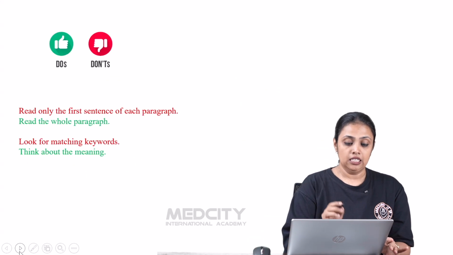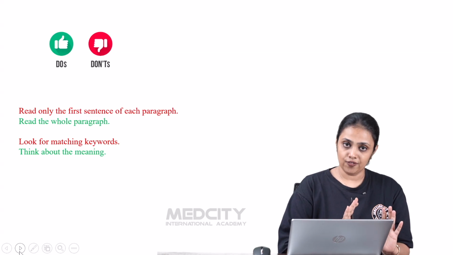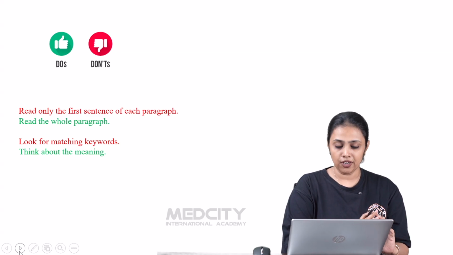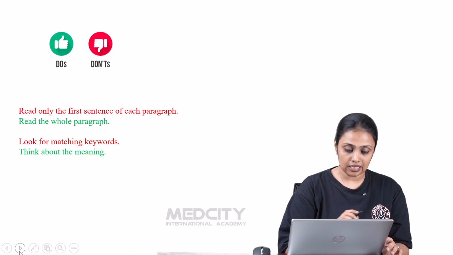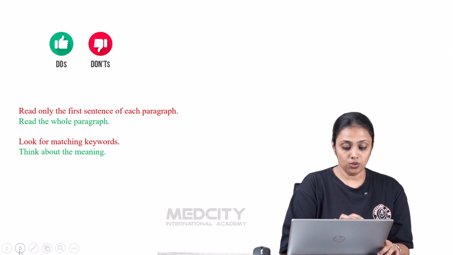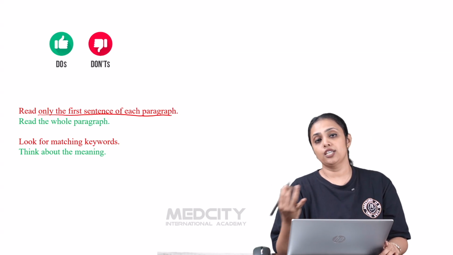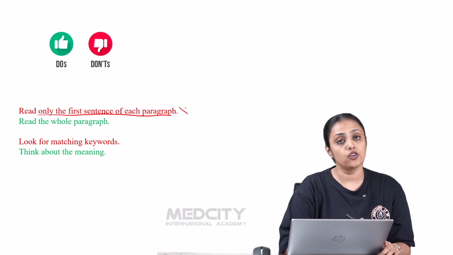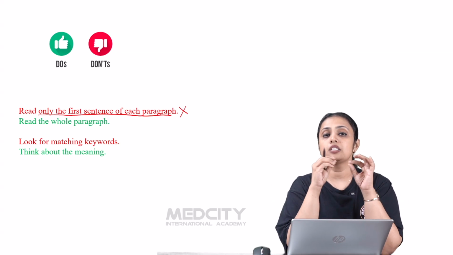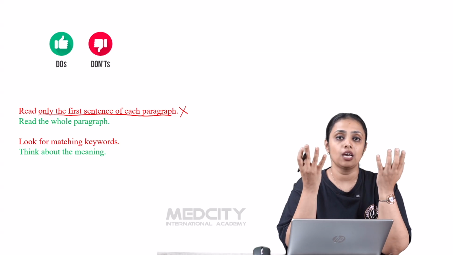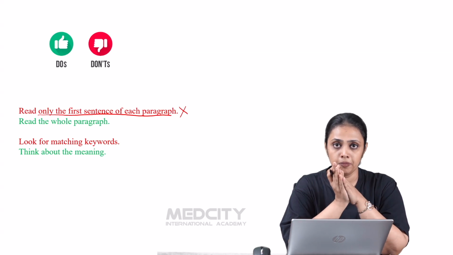One more thing. We already mentioned this at the initial part of the video, but I would like to stress it again. Do's and don'ts. Reading only the first sentence of each paragraph and trying to find a matching heading is a wrong approach. The first sentence alone will not give you an idea what the paragraph is entirely talking about.